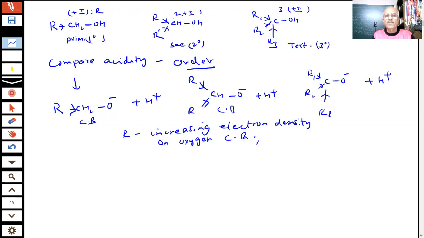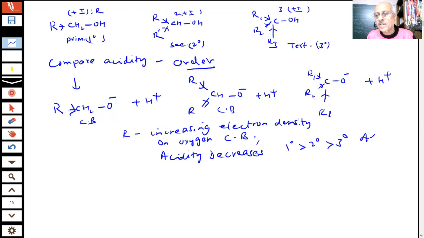Therefore, acidity decreases as you go from 1 degree, 2 degree, and 3 degree alcohols. Got it? The order of acidity has been asked in the paper.